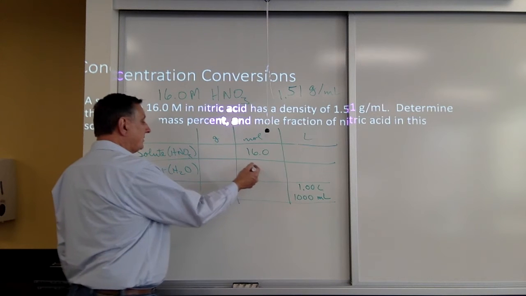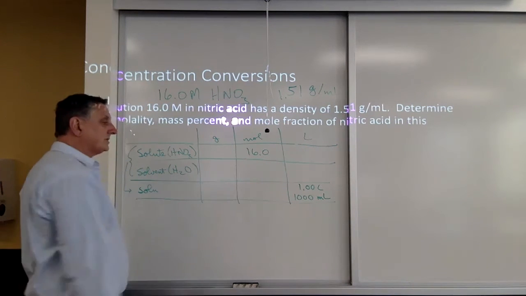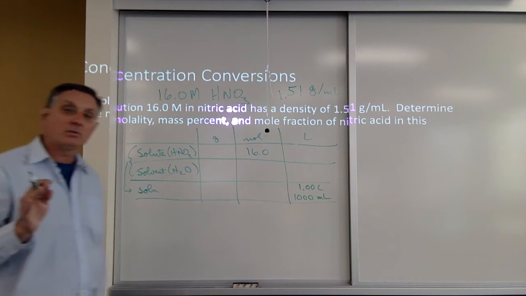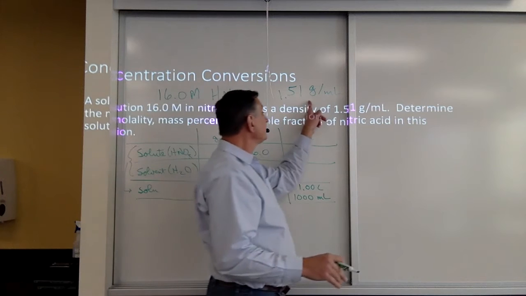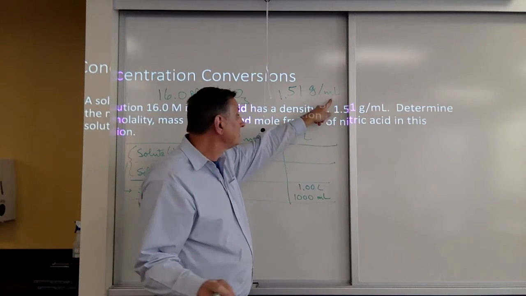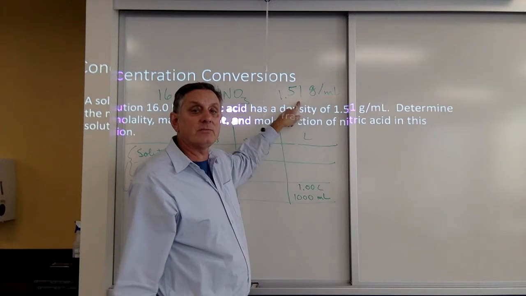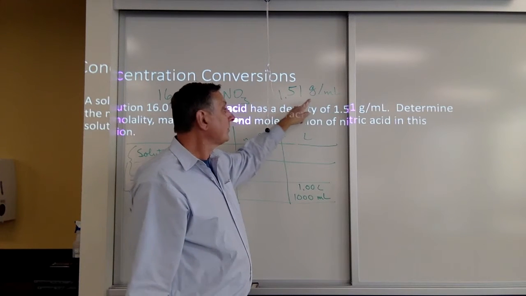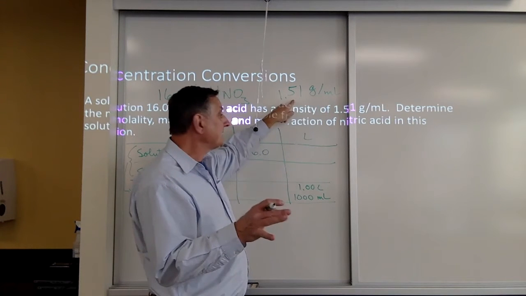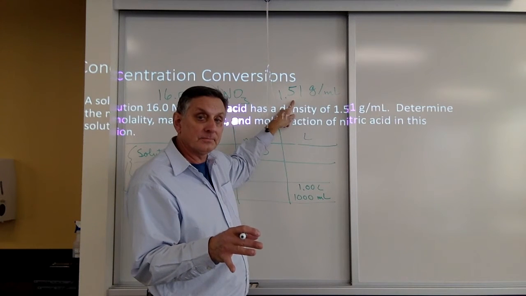I don't know any of these to start with. When you're given the density, I just mentioned that the density only applies to the solution. That means that for every 1 milliliter of solution, it has a mass of 1.51 grams.